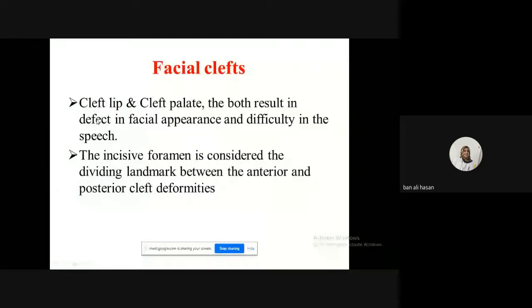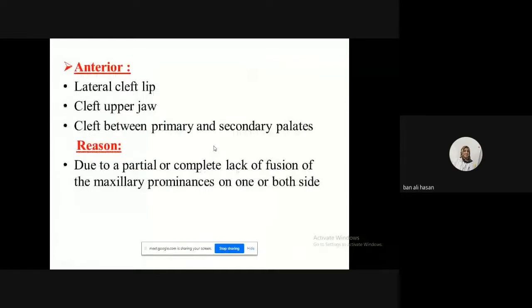In this case, we will take the incisive foramen as a dividing landmark in order to differentiate between the clefts and to diagnose the case. It is the dividing landmark between the anterior and posterior cleft deformities, and it helps us divide them into anterior and posterior clefts.